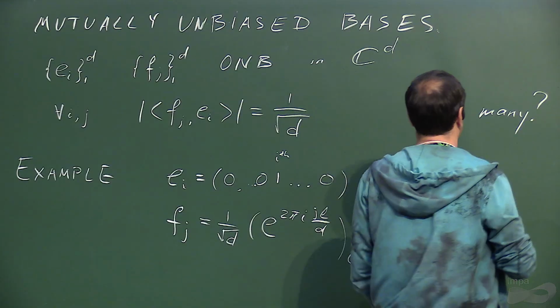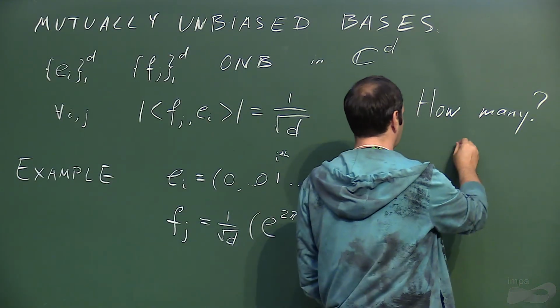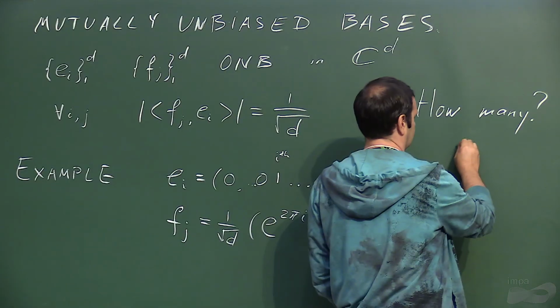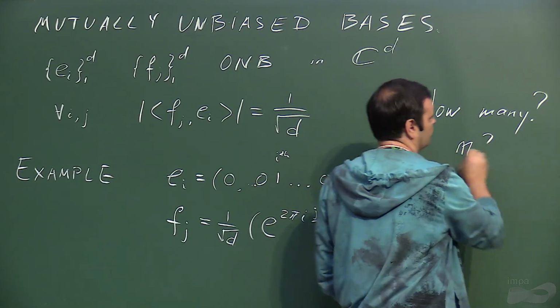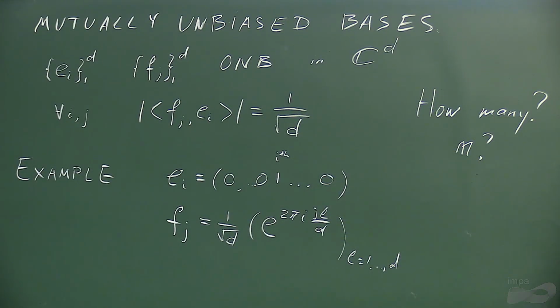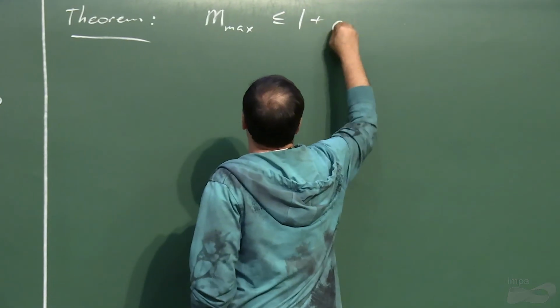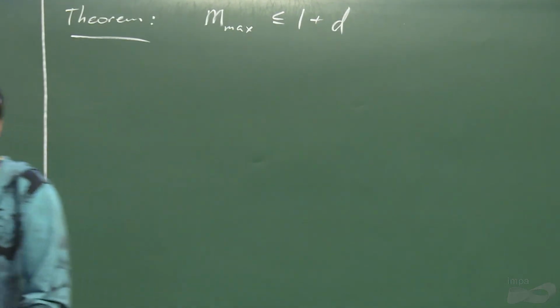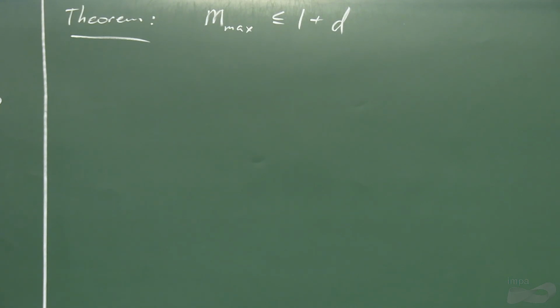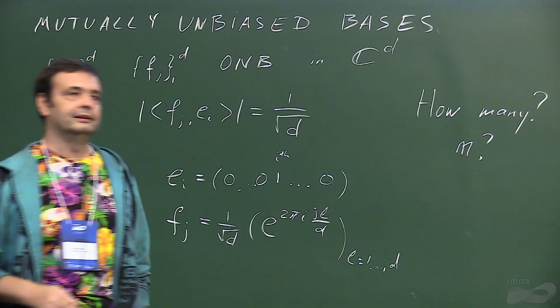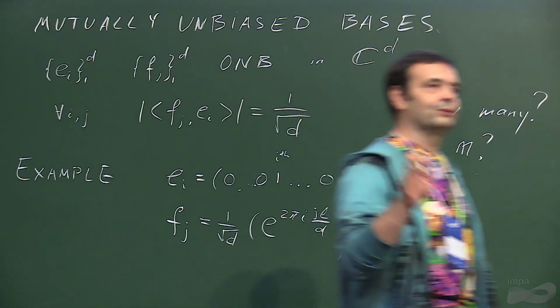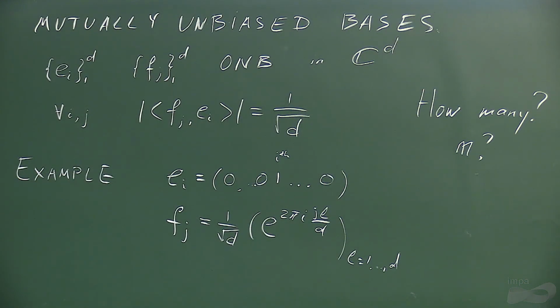Let me call this number m. The number of mutually unbiased bases is at most 1 plus d. And I will get back and give you an idea of the proof of this theorem, or almost the proof, modulo some computations.